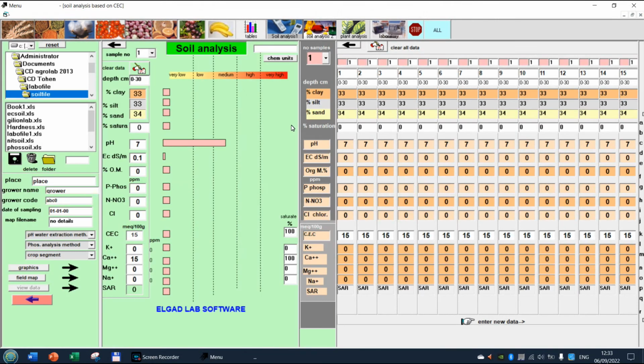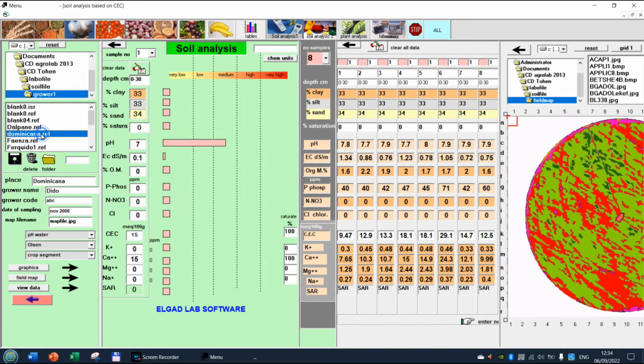We have also possibility to have soil analysis, a detailed one. For instance, here, if I take an example of one of the farmers, we have in one shot the map of the fields, different samples that we got.